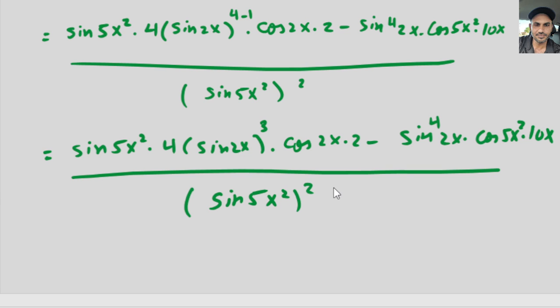Okay, so this is our final answer. I purposely made these functions more tedious so it will give you good practice. If you can take the derivative of these functions, it will become a lot easier for you to understand the derivative of the sine function.